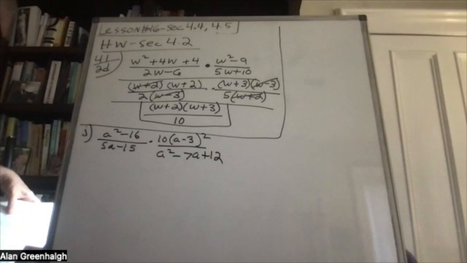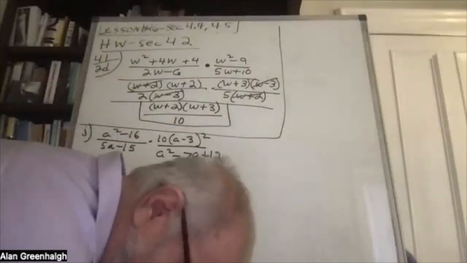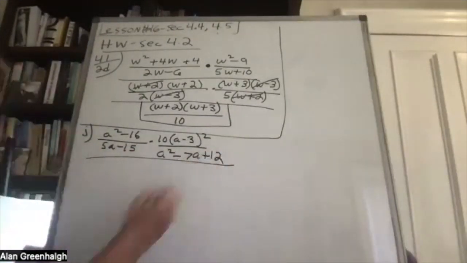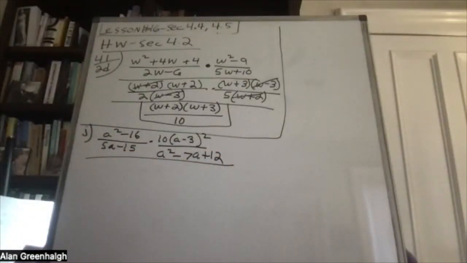I'm just looking at it to make sure I have everything the way it appears over there. All right, so we're just factoring everything. And it's easy factoring. It's not a really complicated factoring problem.